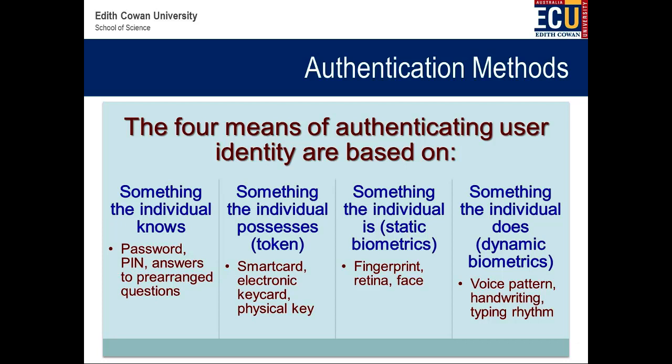If you look into some other resource or book, you might find that there are 3 main means, where they consider the last 2 values as one: something the individual is, taking static and dynamic biometrics as one entity. So if you say there are 3 means and specify that the third includes both static and dynamic, then you're right. You can also write the means of authentication in these 4 ways, communicating that static biometrics is different from dynamic biometrics.